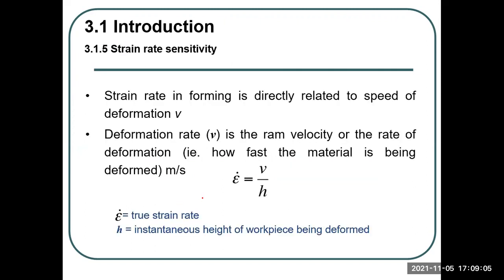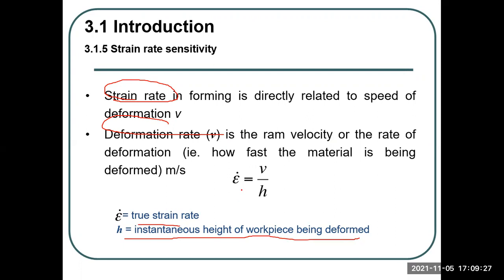There's also an important thing, the strain rate, which means how fast you change the deformation. It is the rate of deformation, how fast the material is deformed, given by the velocity and the instantaneous height of the workpiece being deformed.